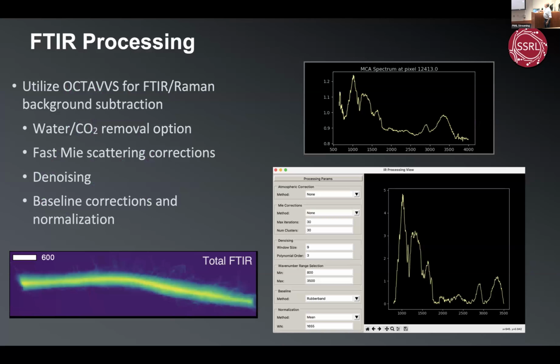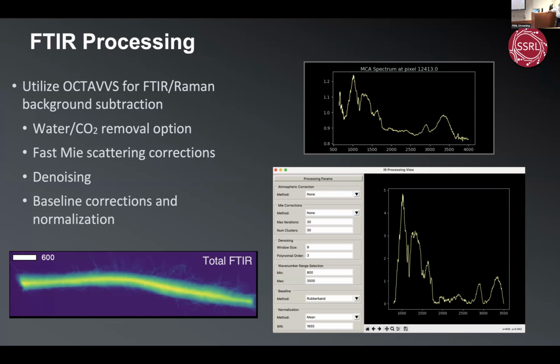I also talked about FTIR. Again, you might recognize this little fungal stem from Jocelyn's talk this morning. It's great to be able to load the data, but if you can't do some of the basic processing on the data, it doesn't really help you either. A good colleague of ours, Per Persson, has done a lot of really great work with FTIR processing in Python.